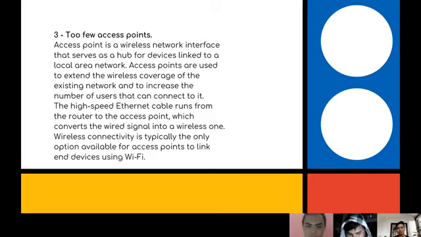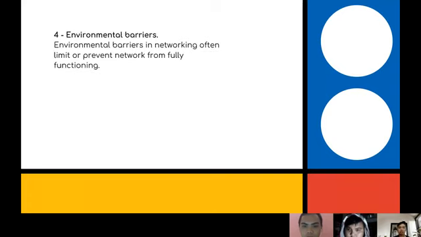The high-speed internet cable runs from the router to the access point, which converts the wired signal into a wireless one. Wireless connectivity is typically the only option available for access points to link end devices using Wi-Fi. Next is environmental barriers. Environmental barriers in networking often limit or prevent a network from fully functioning.